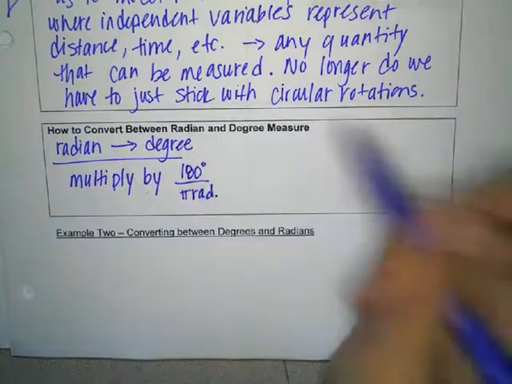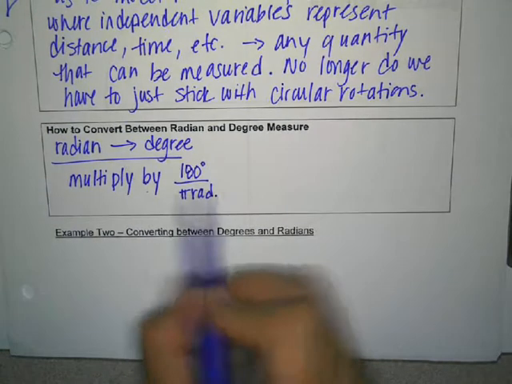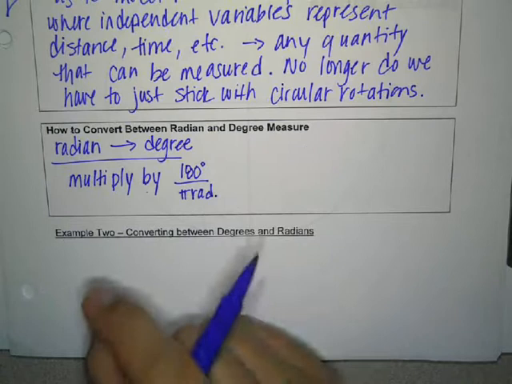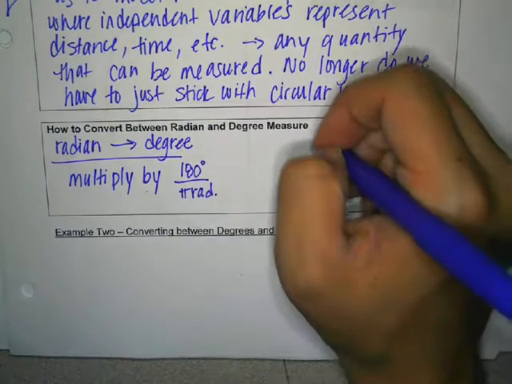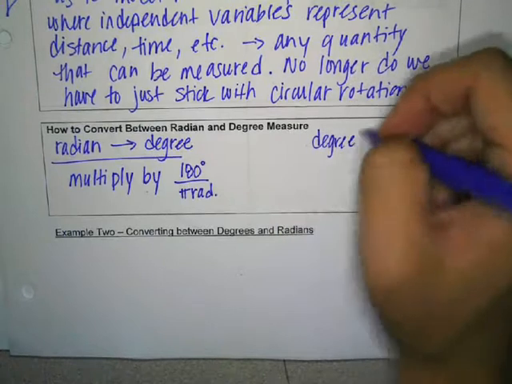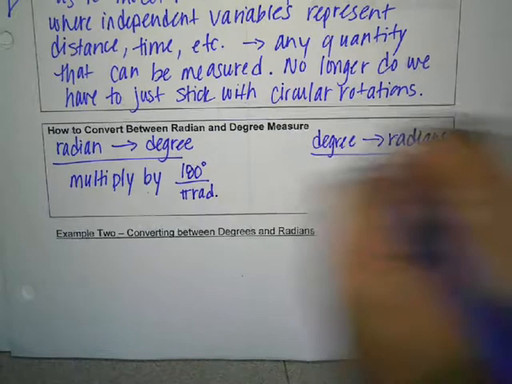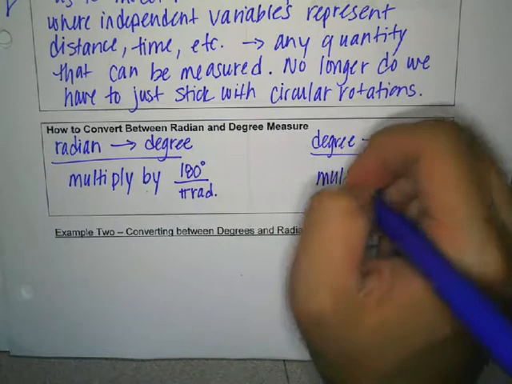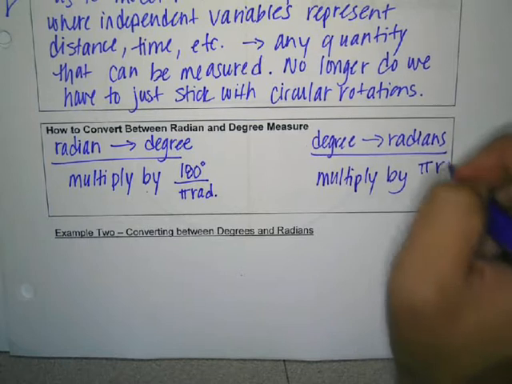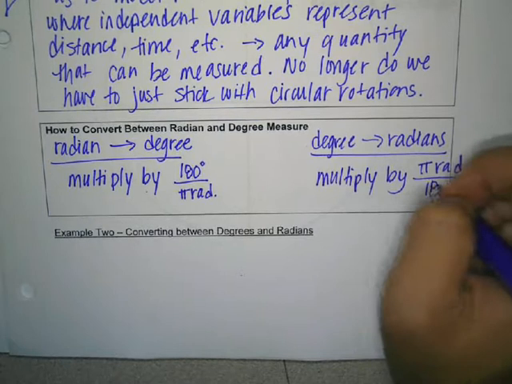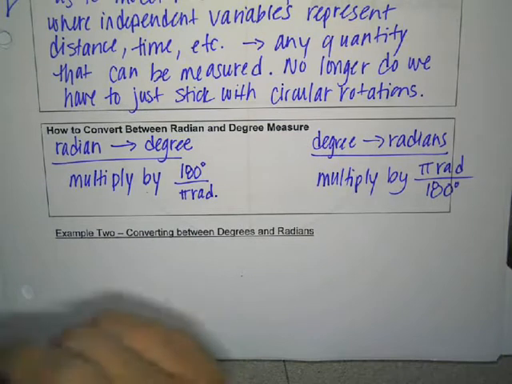Now, this isn't going to make much sense unless you've seen it before. This pi radians isn't going to make much sense until we look at what we need to tomorrow. So for right now, just know that that's how you convert. We're going to practice it today. Degree to radians, multiply by pi radians over 180. Technically, this fraction is a fancy form of 1, so you're not changing anything, you're just changing the way that it looks.